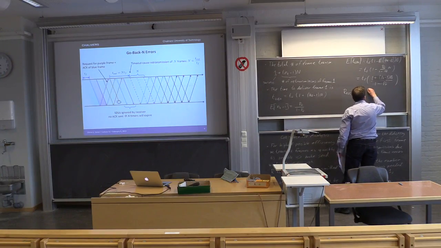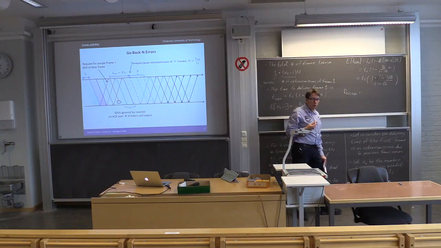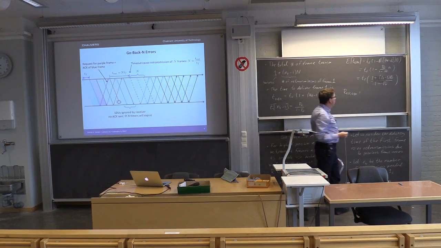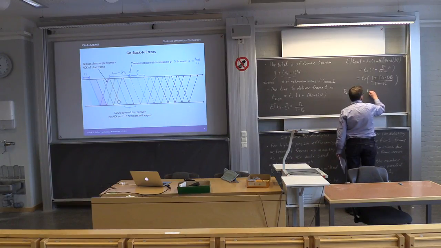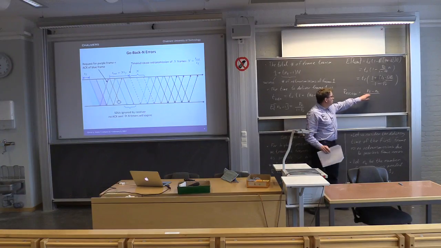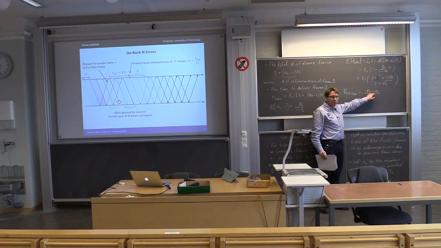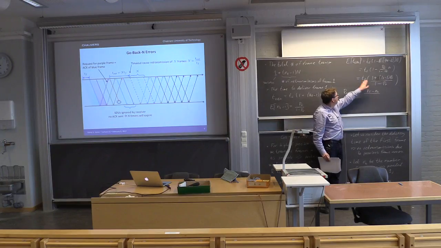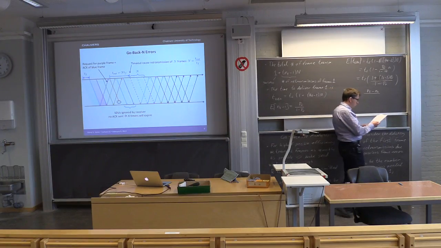Well, it's the number of useful bits we have been transmitting. And the number of useful bits is Nf minus the overhead bits. Okay. So this is the number of bits in the service data unit, Nf minus No. And then we divide through by the time it takes to deliver this one, the average time. And this is the average time.